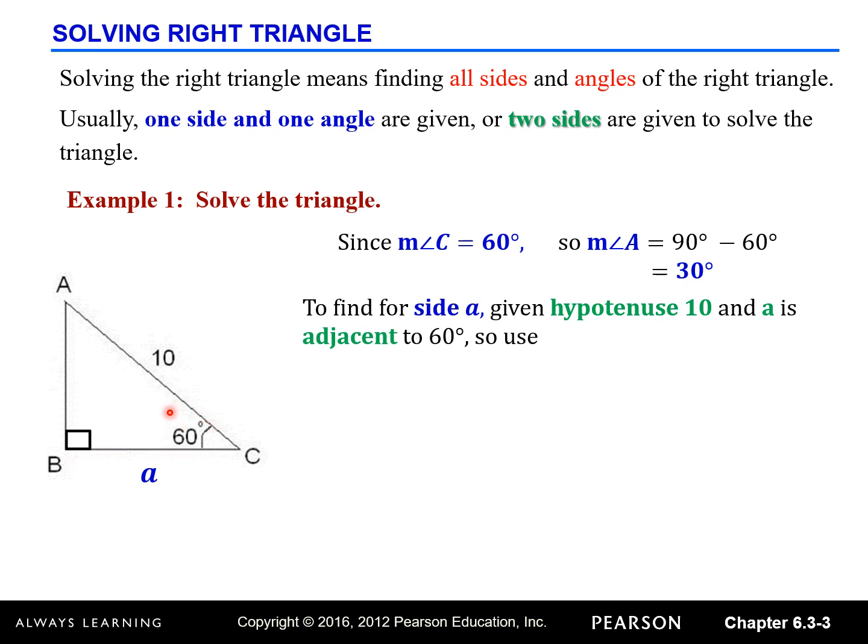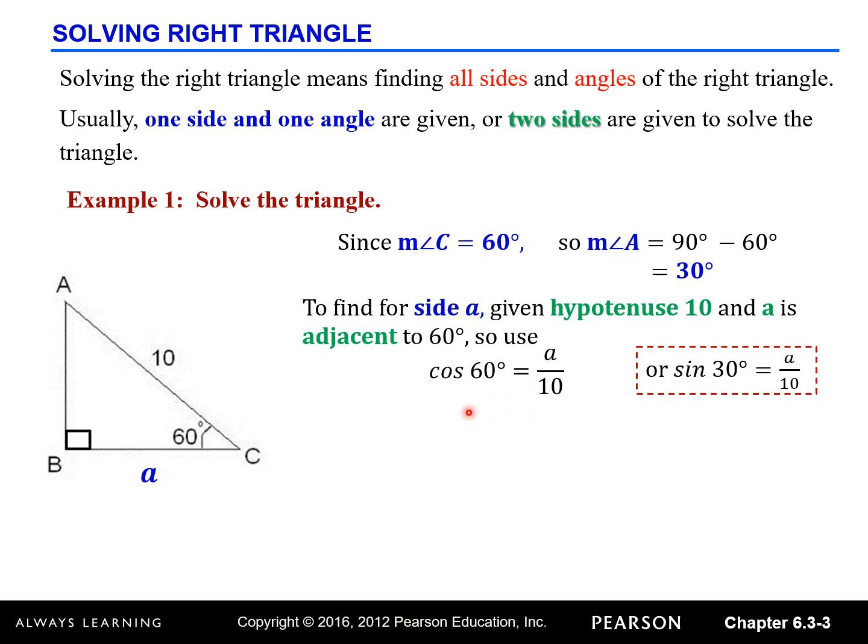If we have adjacent and hypotenuse using SOHCAHTOA, we are going to use the function cosine 60 degrees is equal to A divided by 10. Or you can also use, referring to angle A, which is 30 degrees, opposite over hypotenuse: sine 30 degrees is equal to A over 10.